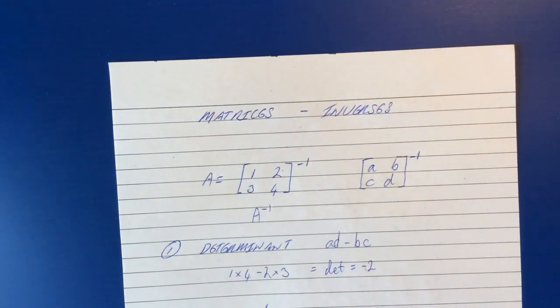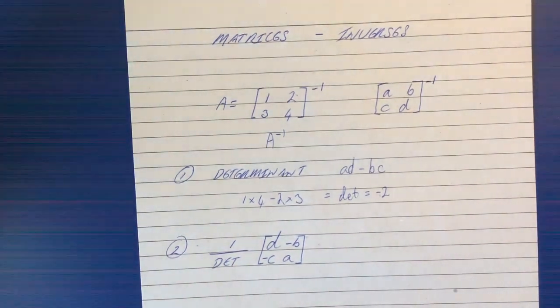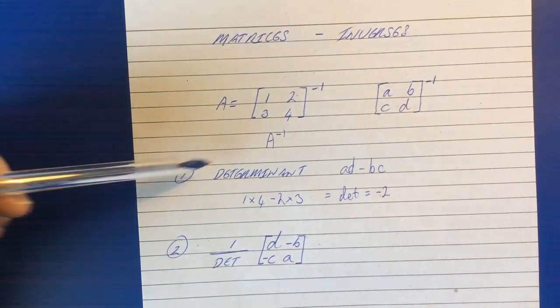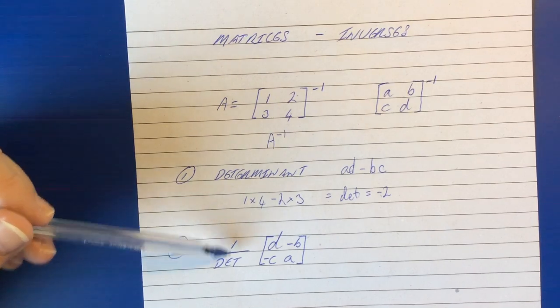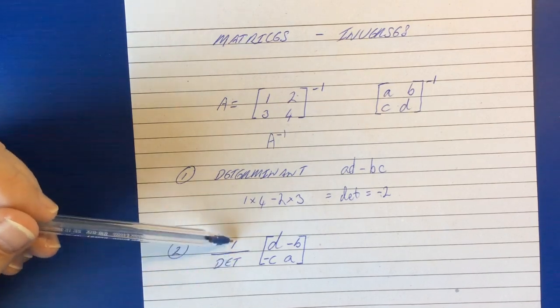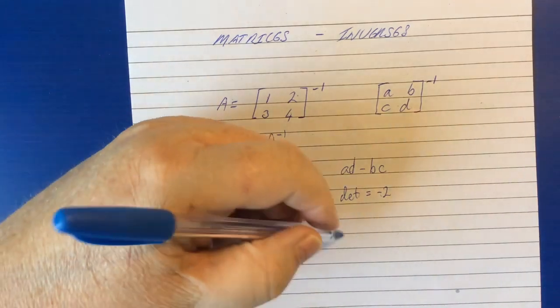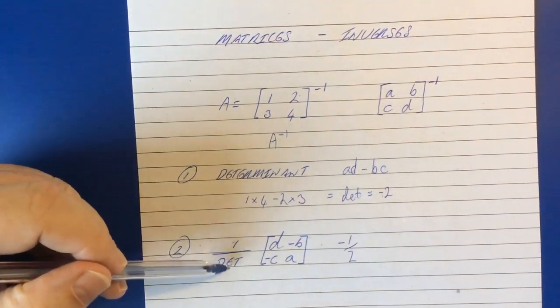Now, the second step involves a couple of things. So we could actually say that there are more steps, but we'll try and do this in 3 steps. First step is to find the determinant. The second step is to use the determinant, the inverse of the determinant, 1 over the determinant. So we will make this 1 over -2, or -1 over 2. That is this thing here.